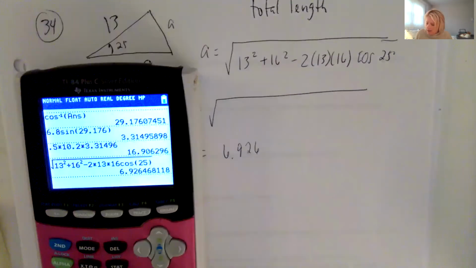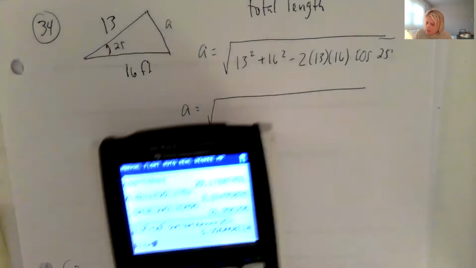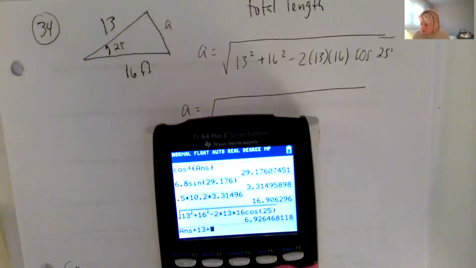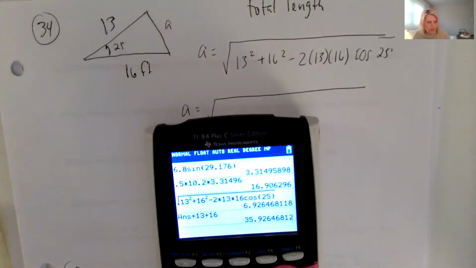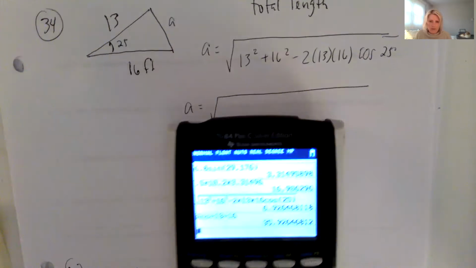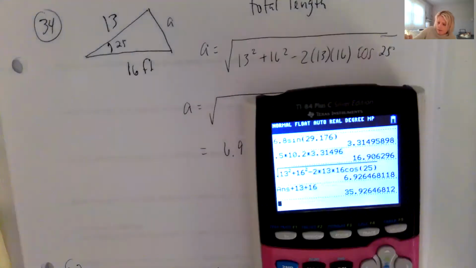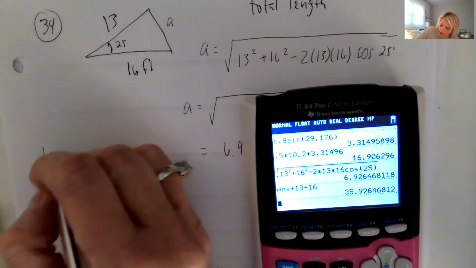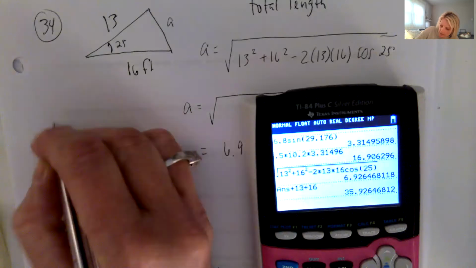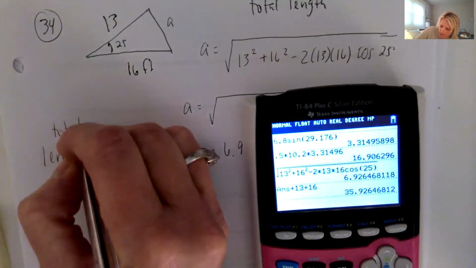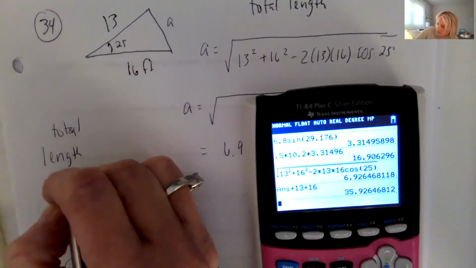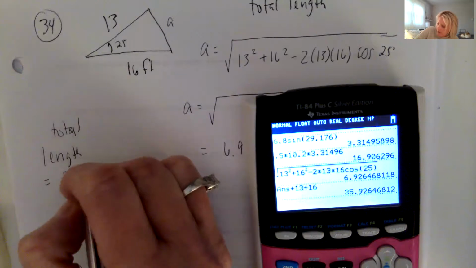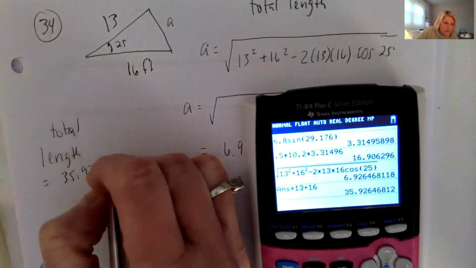And if we add that to the other two sides of 13 plus 16, we have a total length of about 35.926 feet.